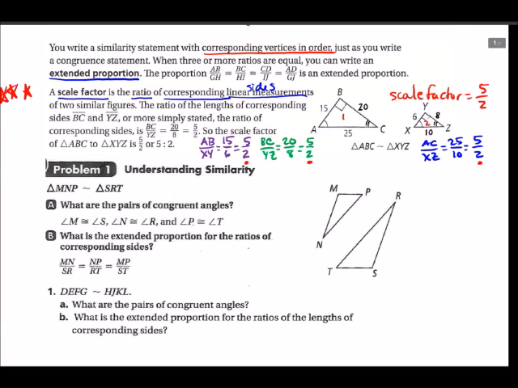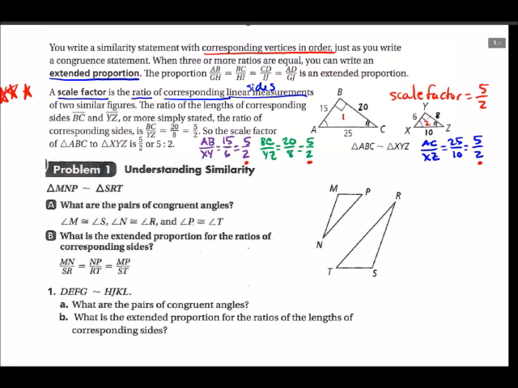It's a 5:2 from figure 1 to figure 2. So that's how we find scale factor. What that says is for every 5 units on figure 1, we count 2 units on figure 2. It's just a scale. How much bigger or smaller do we make it?